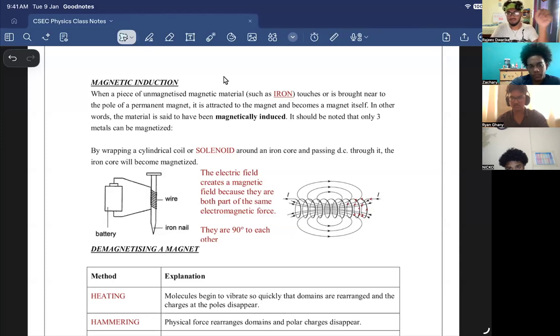What do you think iron is? Paramagnetic or ferromagnetic? Ryan, have you ever rubbed an iron nail against a magnet?